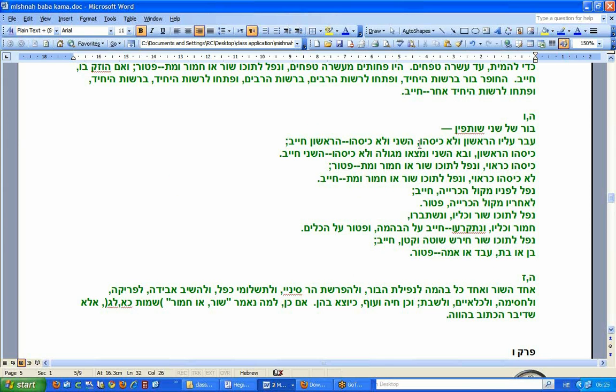Hasheni, the second one, then walks by, sees the open bor, and he also doesn't close it up. What's the din? The din is that the Rishon is chayav, and not the Sheni.